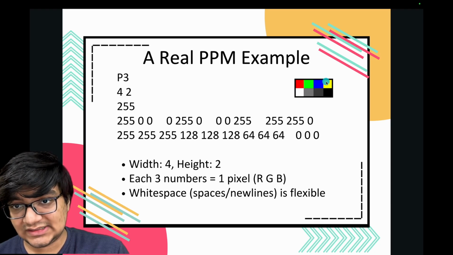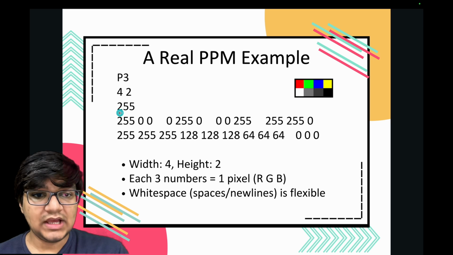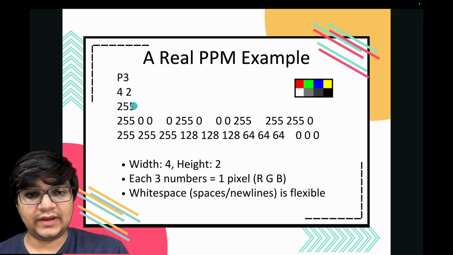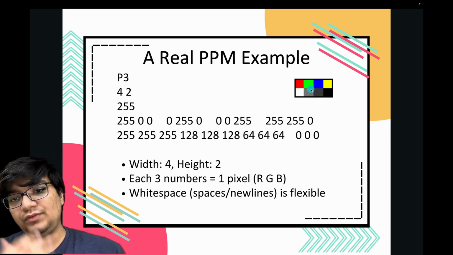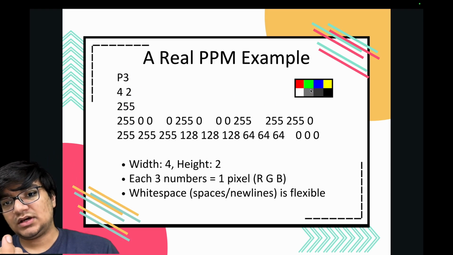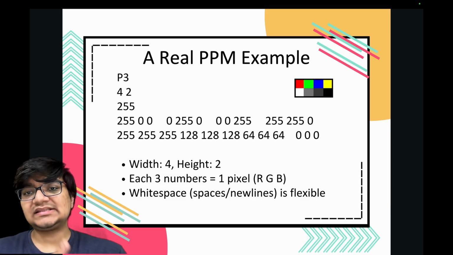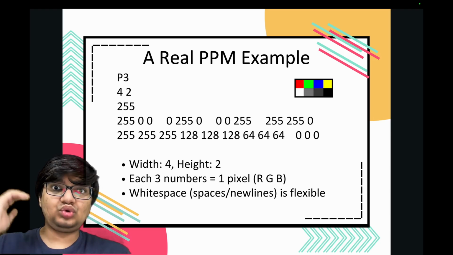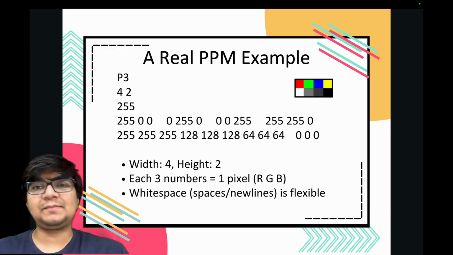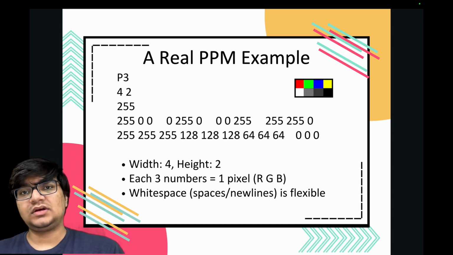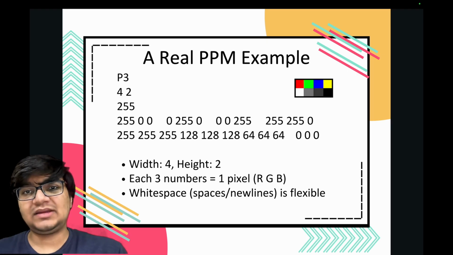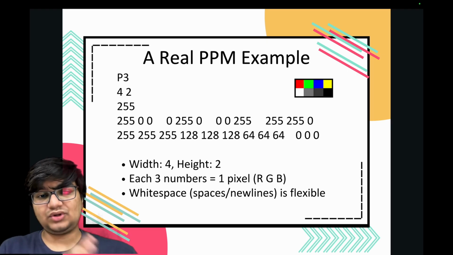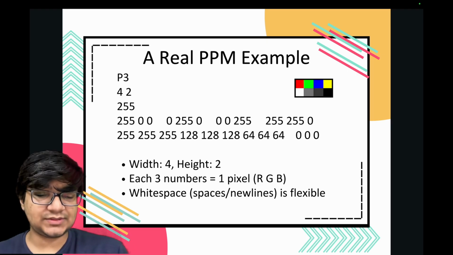Then 255 is the third line in the header inside the PPM file. What is 255? It tells the range of colors. It would be from 0, which is black, to 255, which is white, the maximum value that the individual R, G, and B values can approach. So from 0 to 255, that is the color range.